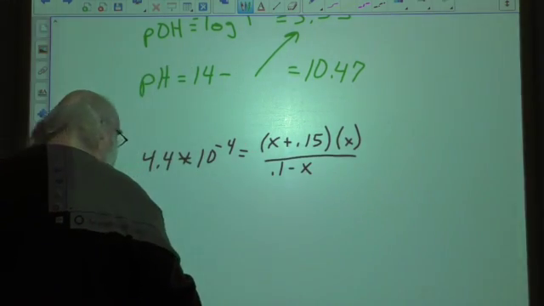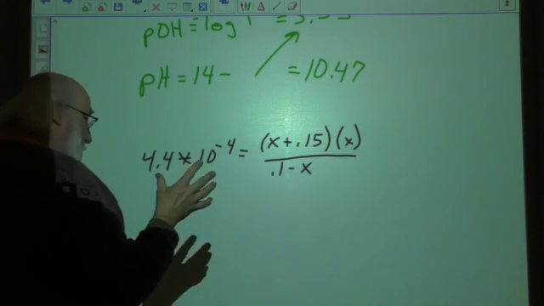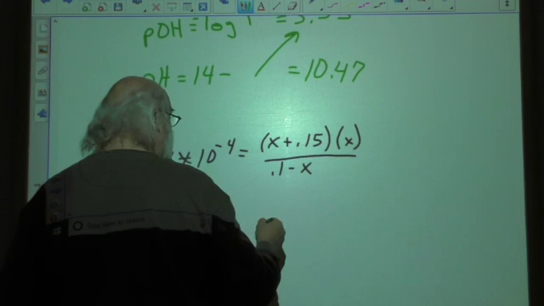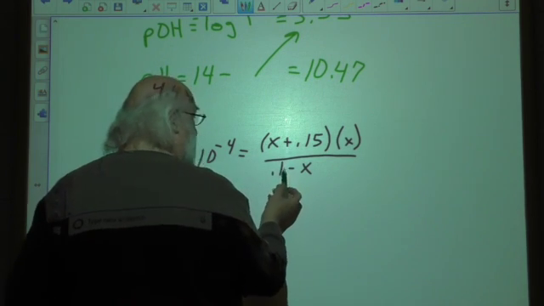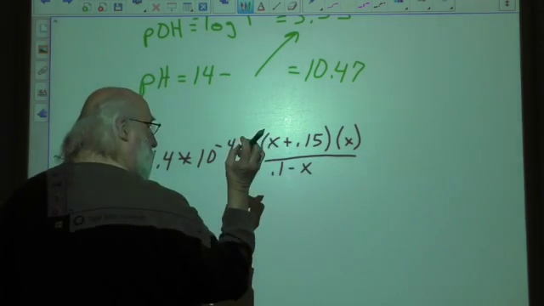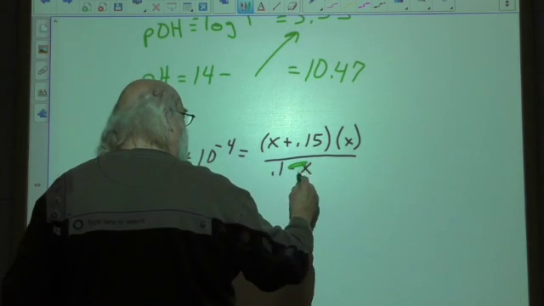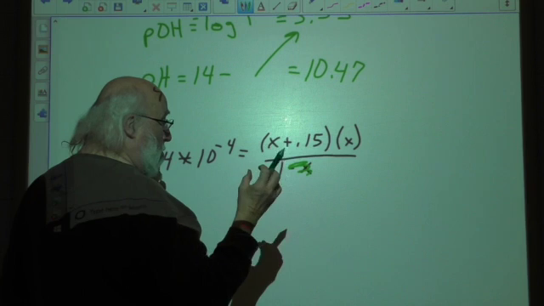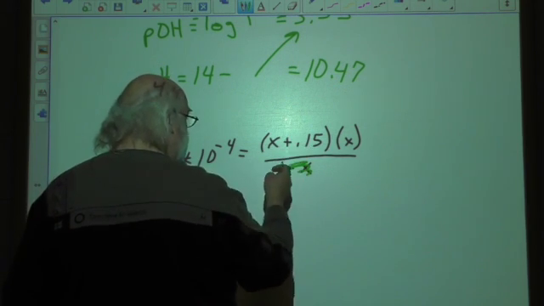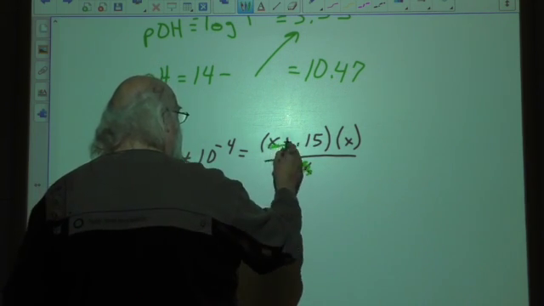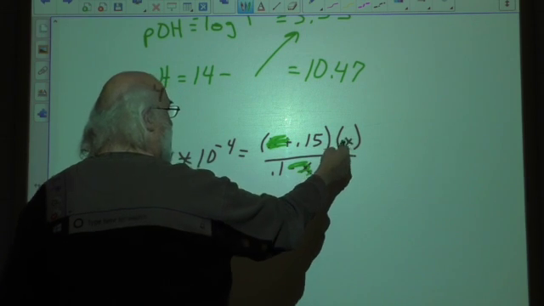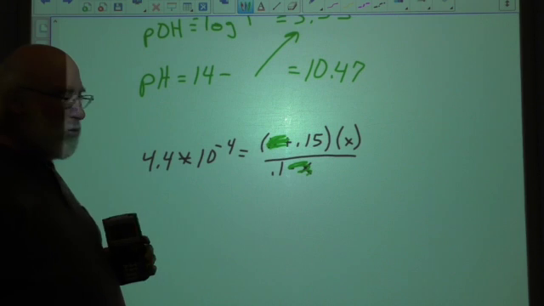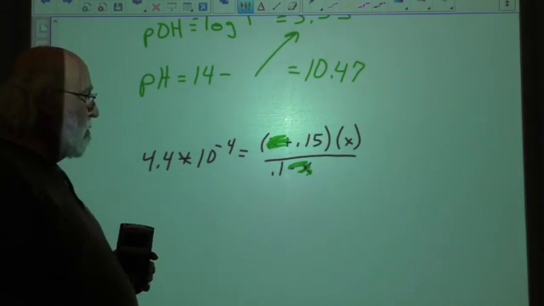And we know that the x is going to be a really small number, and we saw that it basically doesn't really change much. So if you subtract x, which is a really small number, from 0.1, that's going to leave you 0.1. If you have x, much smaller than 0.15, we're going to drop that out. Now we can't drop that out because that's not adding to one of the two numbers. You've got to add or subtract to one of the two numbers involved in the common ion.